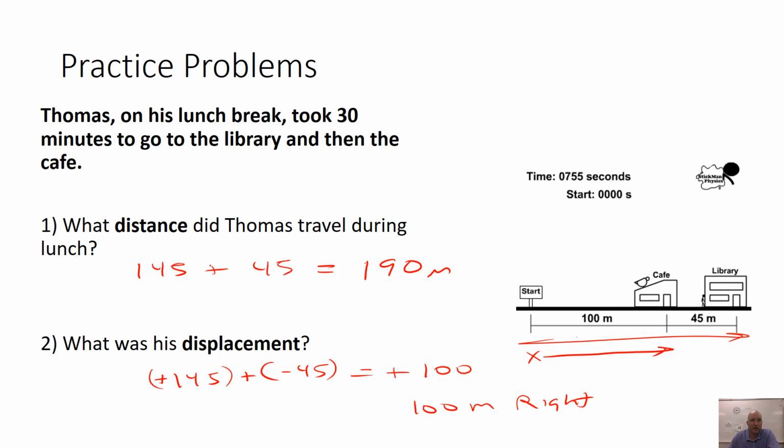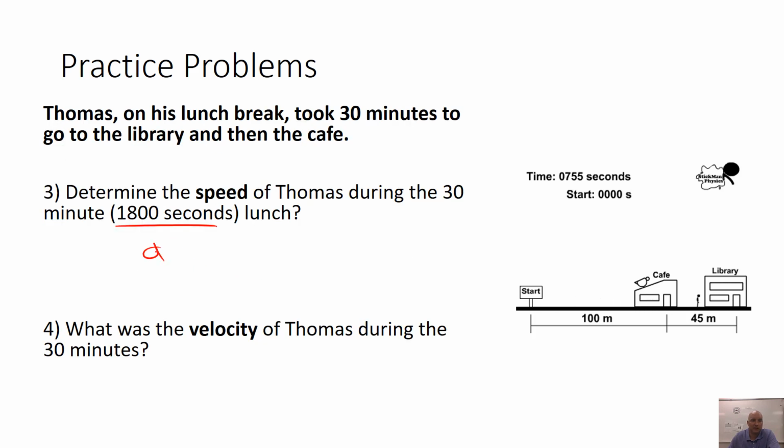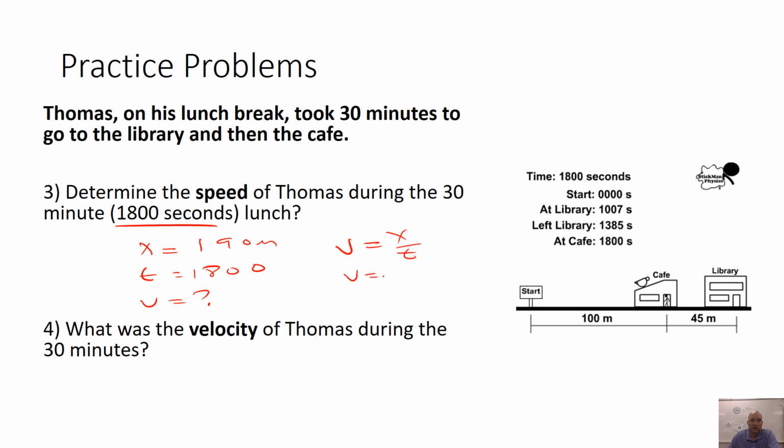To determine the speed, I'm going to go ahead and take the distance x, and his whole trip was 190 meters. We have a time of 1,800 seconds, and we're asked for the speed, which we're using the distance for, so v equals x over t. V equals x, which is 190, divided by t, which is 1800.